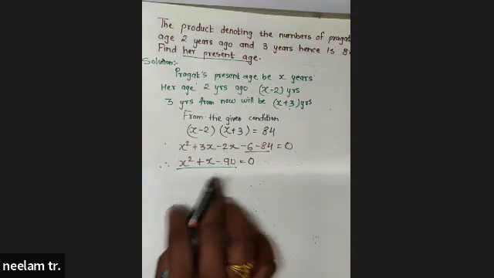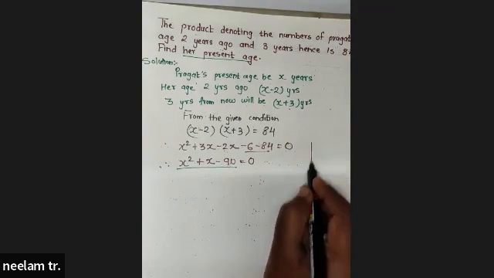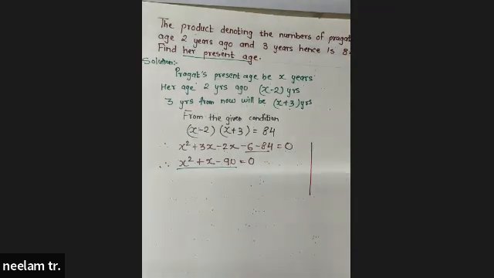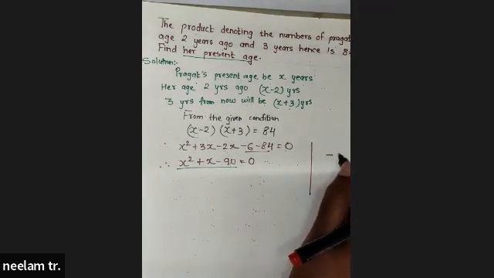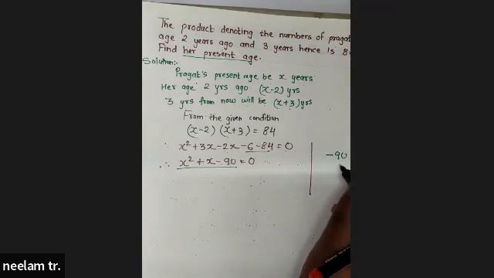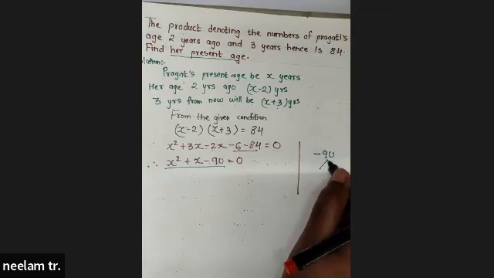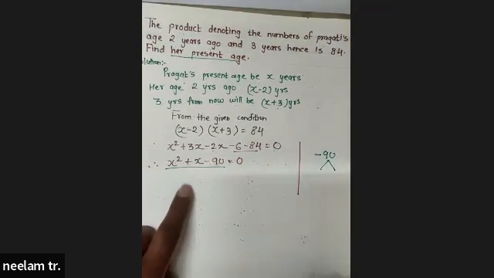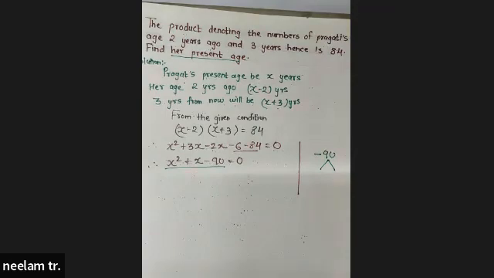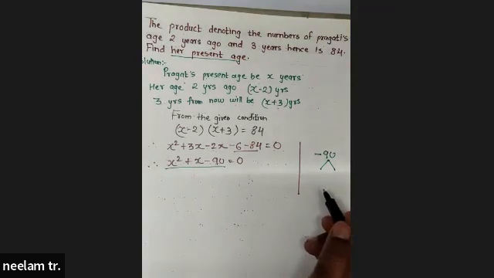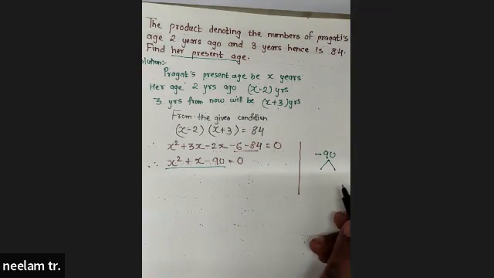From here, all steps are the same, that is your factorization method. You need to take out the factors of minus 90, which will give me 1 as the middle coefficient. So you will say, ma'am, 10 nines are 90, and 10 minus 9 is 1. Very easy.